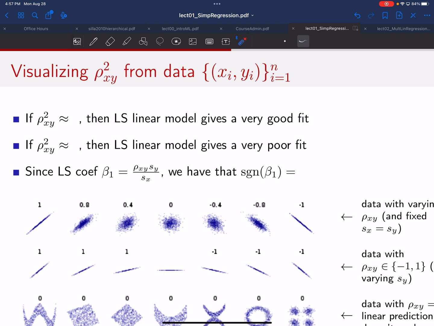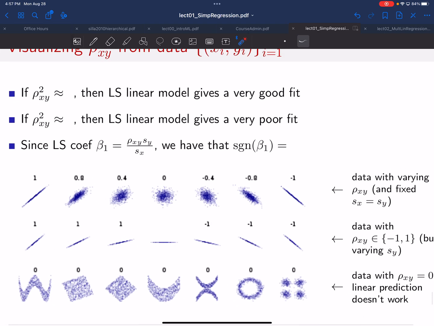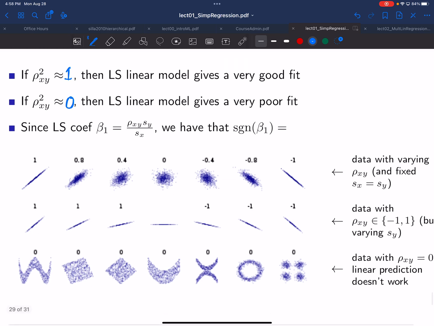So here are some pictures then. Just to summarize, if rho squared is approximately equal to 1, then the least squares linear model gives a good fit. If it's approximately equal to 0, it's a bad fit. And if it's in between, like 0.5, it's hard to really say whether it's good or bad, but you just know it's not close to 1, it's not close to 0, it's somewhere in between.